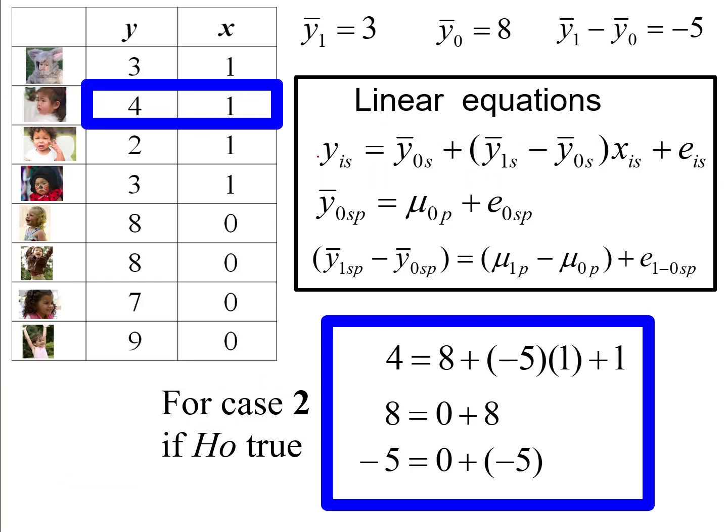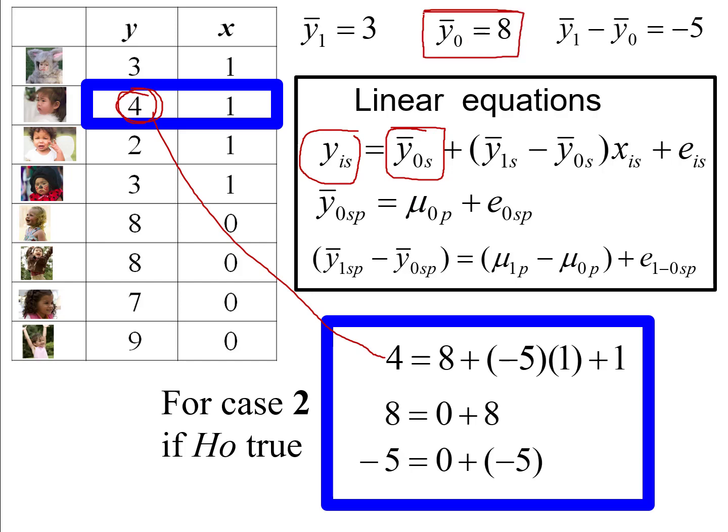So our linear equation says that the score on y for individual I in sample S. Well, this person right here, case 2, her score on y is a 4. So I'm going to plug that in right there. And then we're going to take the mean, the score on y for individual I from sample S is equal to the mean for the control group for sample S, the mean for group 0 from sample S, and we calculated the mean for our control group.